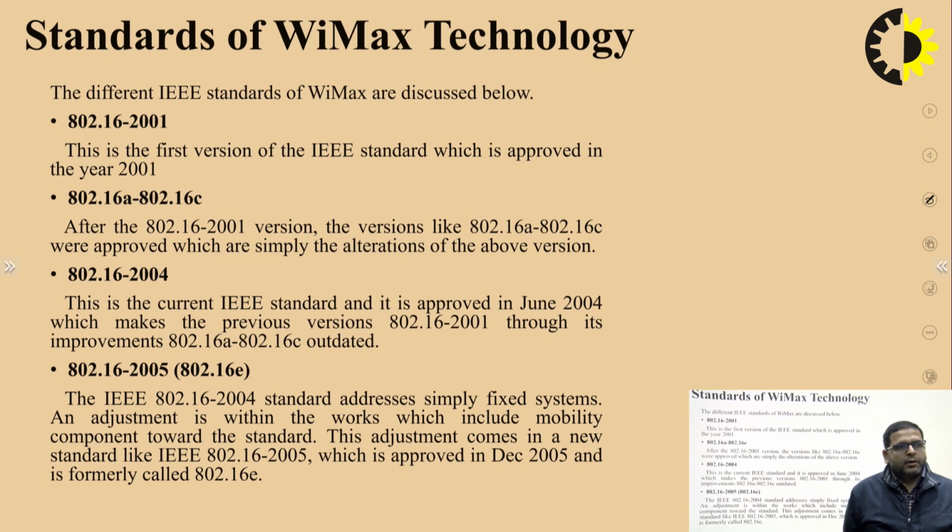Next, in 2005, another technology, 802.16e, was approved, and it includes mobility as compared to the previous standards. So these are some basic standards of WiMAX technology, and gradually these standards provide various other advantages over their preceding ones.